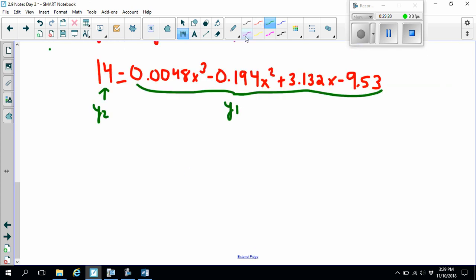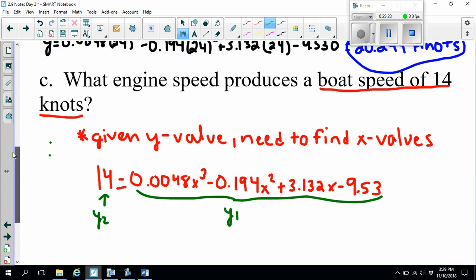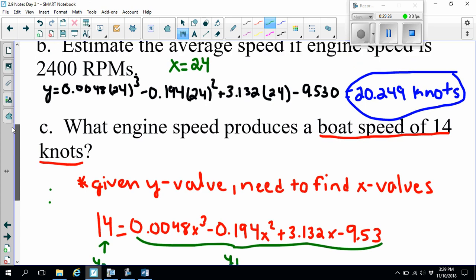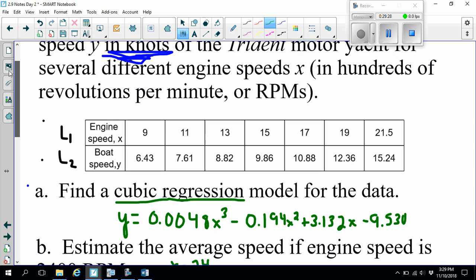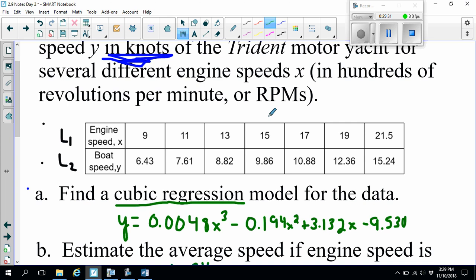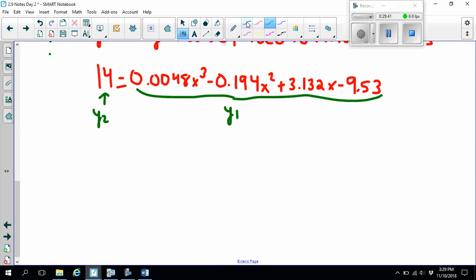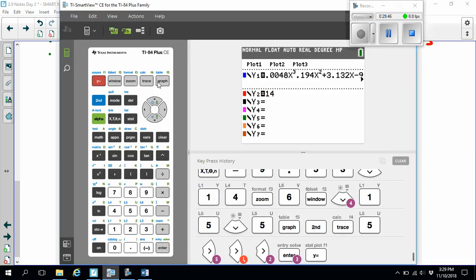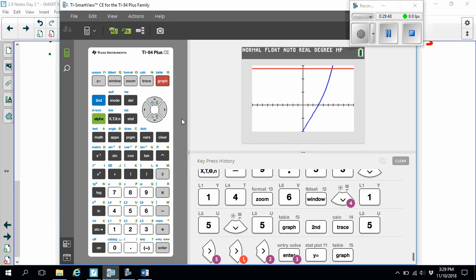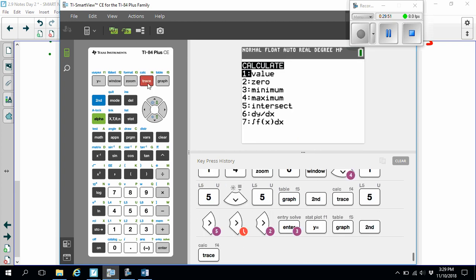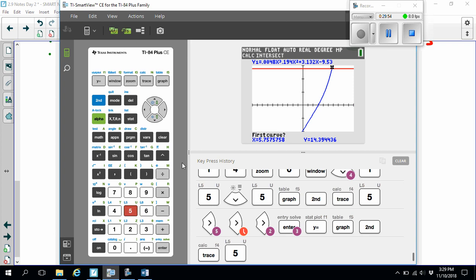Now we also need to make sure we go back to the units. What engine speed produces that? We look here, and it says that our engine speeds x is in hundreds of revolutions. So though we got x equals, I've got to go back there, I lost it. Okay, I'm going to go back and do that again. There we go.